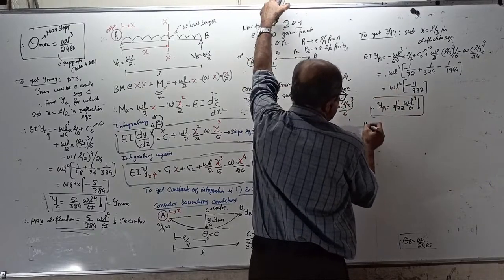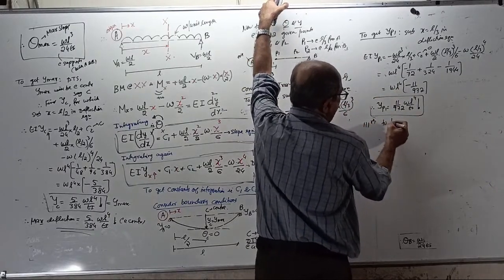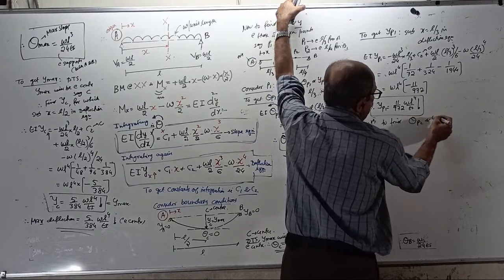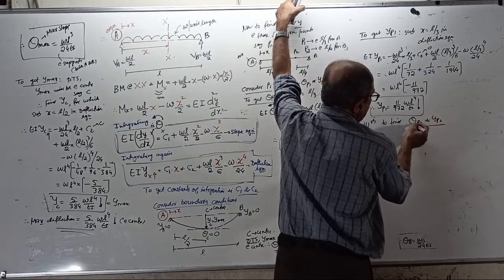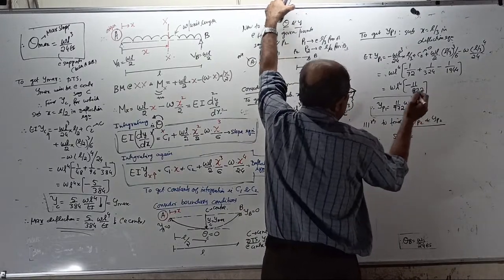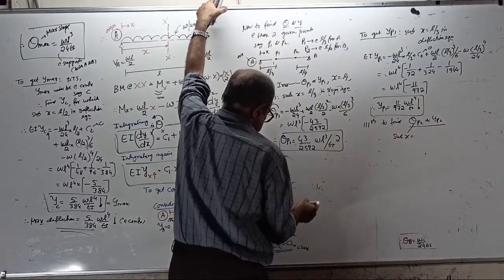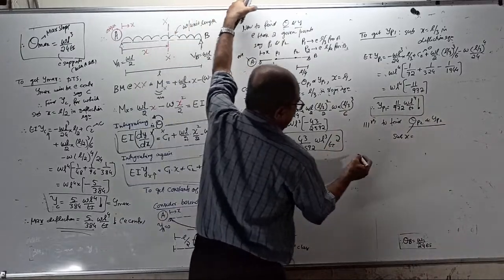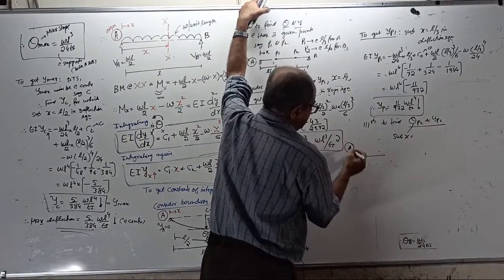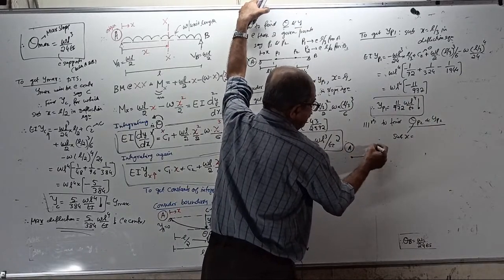Now, similarly, to find theta at P2 and y at P2, what do you do? Substitute x equal to... see, where is your P2 point? See correctly now. This is the beam. Origin is A. A is the origin. Your P2 is here.